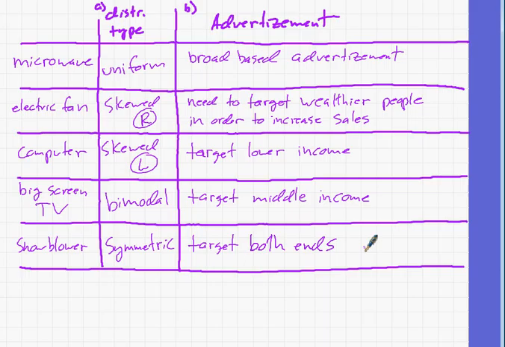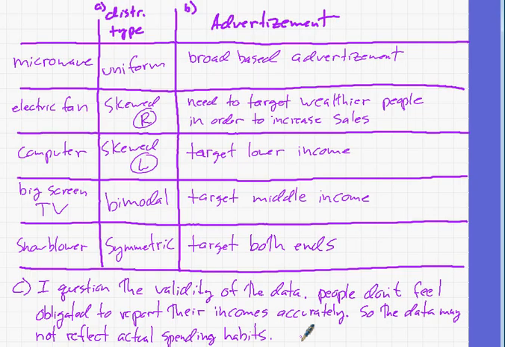And with the symmetric, of course, you have to target both ends. Both the high income and the low income don't seem to be interested in snowblowers, so you have to work on both ends.